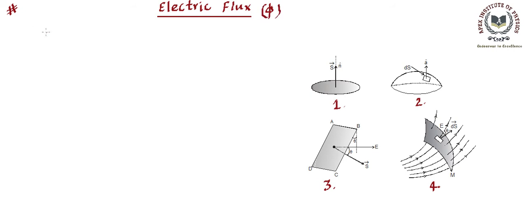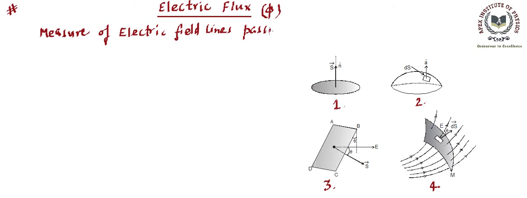It is defined as the measure of electric field lines passing through a given area.